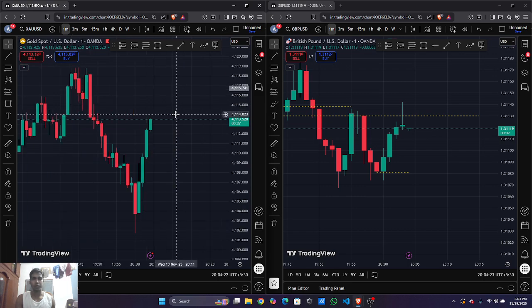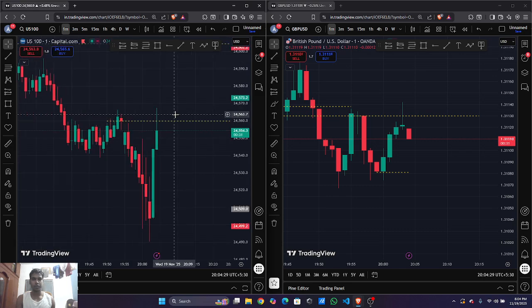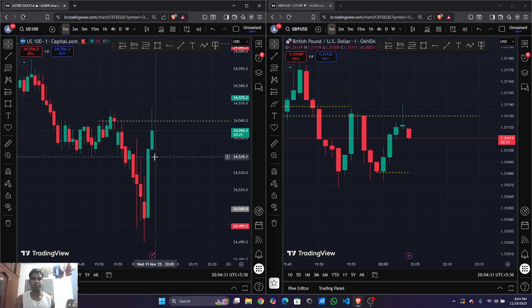Gold also it's moving, but there is no pullback. We will get good trades. If it comes into this fair value gap, then breaks, then I will enter. One red candle, then one green candle.